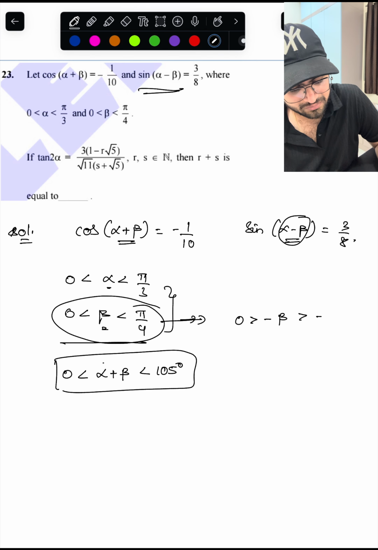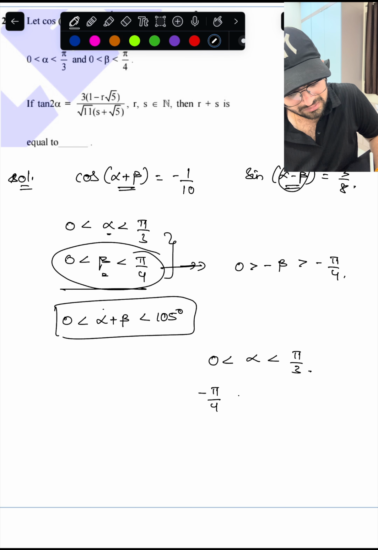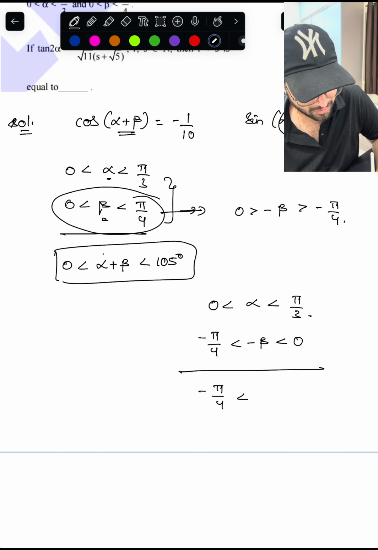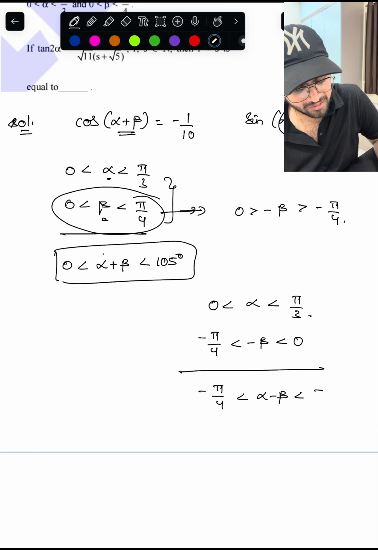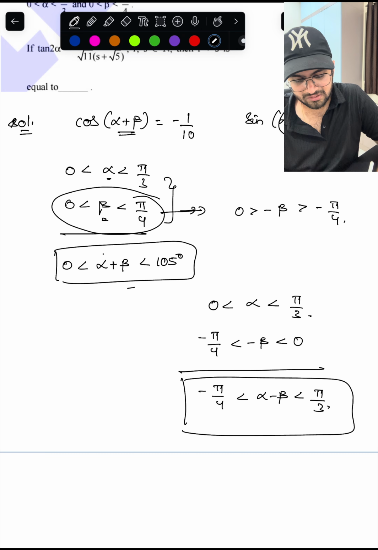So 0 minus beta greater than minus pi by 4. So we are ending up with alpha is between 0 to pi by 3 and minus beta is between minus pi by 4 to 0. So we can sum them up now. We can add them because we can add two inequalities. So minus pi by 4 less than alpha minus beta less than pi by 3, right? Now these are the ranges of these things.